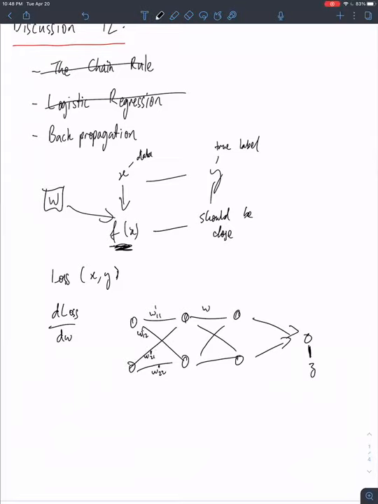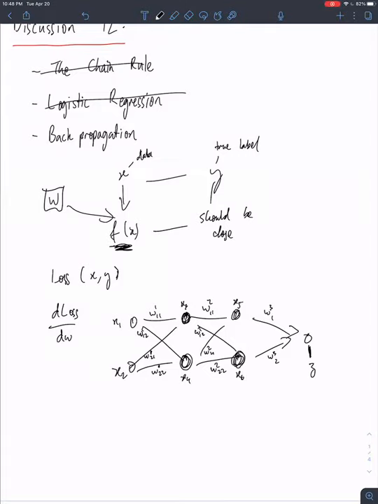And these are W211, W212, W221, W222, and I'm calling it 1 because it's going from node 1 to node 1. W212 is going from node 1 to node 2. W222 is going from node 2 to node 2. And then W31, W32. So in the forward pass, we have X1, X2, X3, X4, X5, X6, right? We have all of these values.